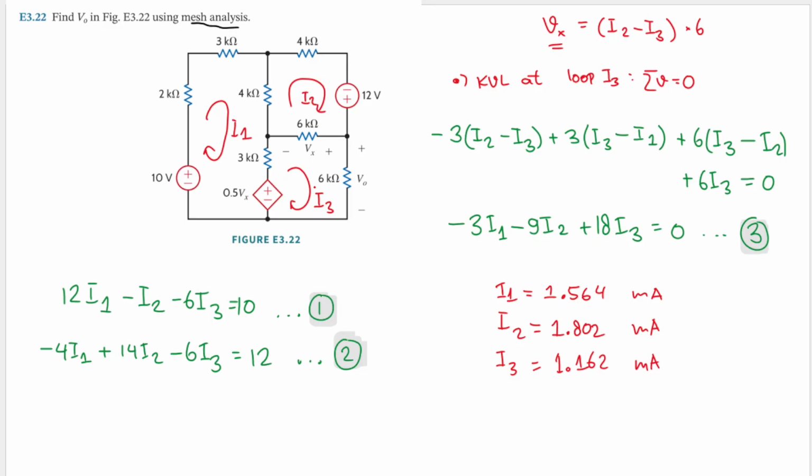However, the question is asking about V0, which is this one here. What is V0? V0 is just I3 multiplied by 6. So we'll have 1.162 multiplied by 6, and let's calculate that.